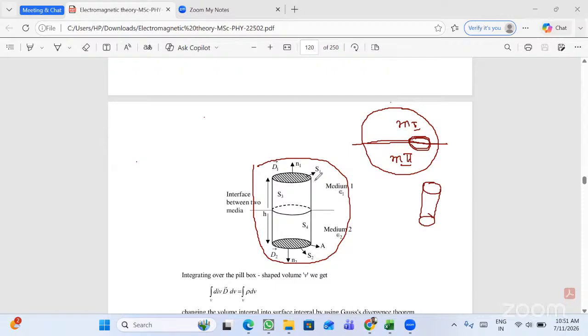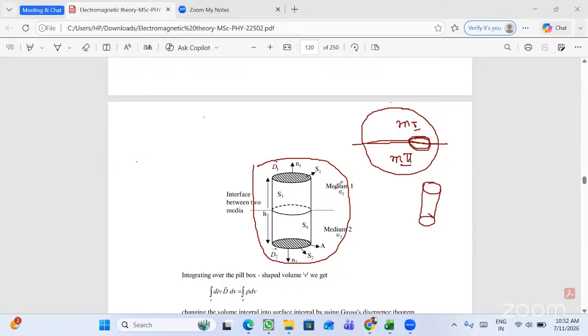So this is the surface S1, and this is the surface S3. S1 and S3 are of one medium, and S2 and S4 are of the other medium. As I told you, medium one has permittivity epsilon 1, and medium two has permittivity epsilon 2.